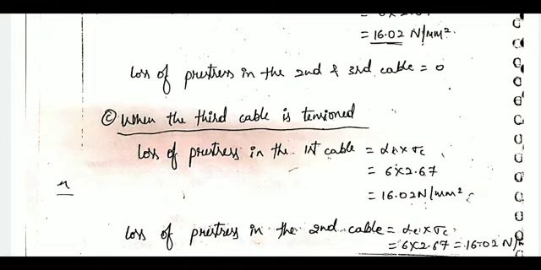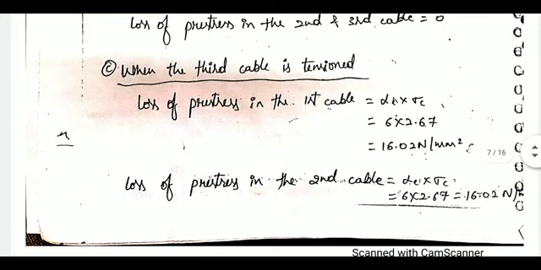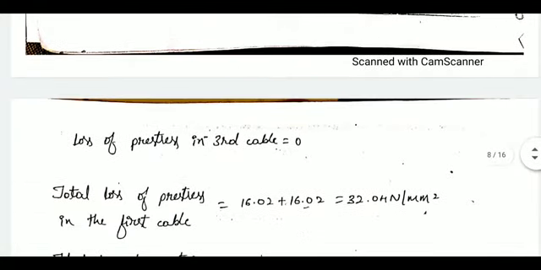The loss of prestress will occur twice in the first cable and once in the second cable. Same formula: the modular ratio into stress in concrete at the level of steel, that is sigma c. For both cables you need to find it, for the first cable as well as the second cable. Then you are pulling the third cable, so in that case it is 0.